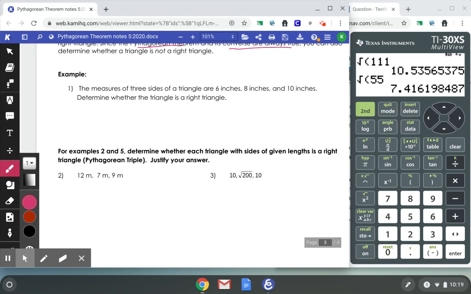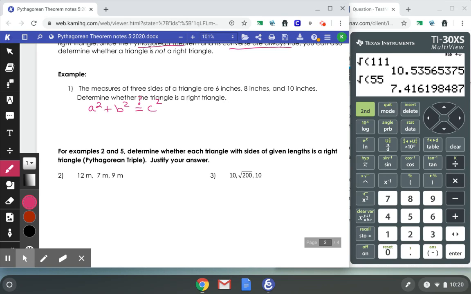Determine whether the triangle is a right triangle. Since I'm trying to determine if it's a right triangle, I'm going to think Pythagorean theorem. A squared plus B squared, does that in fact equal C squared? Now when I'm substituting in my values, there's one thing you have to be careful of. Remember, C is your hypotenuse, and in a right triangle the hypotenuse is the longest side.